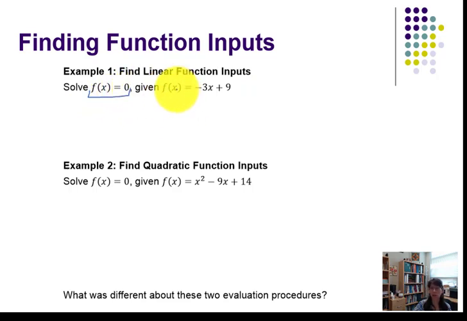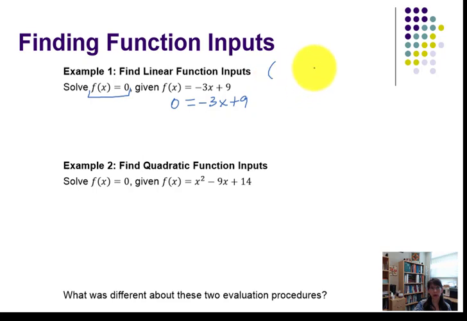So f of x is replaced with 0 and set equal to -3x plus 9. Notice this time we were given the output of the function. In the last several examples, we had the input of the function. So if our f of x is set to 0, that says the output is 0. If we solve this equation now for x, we could find the corresponding input.